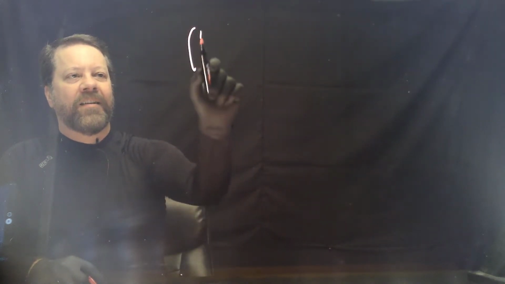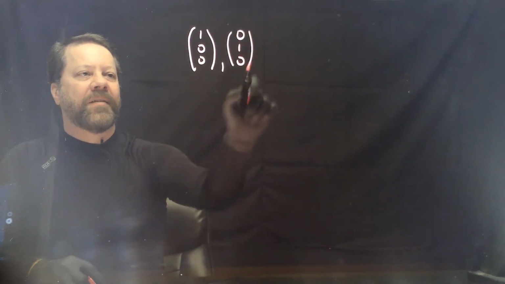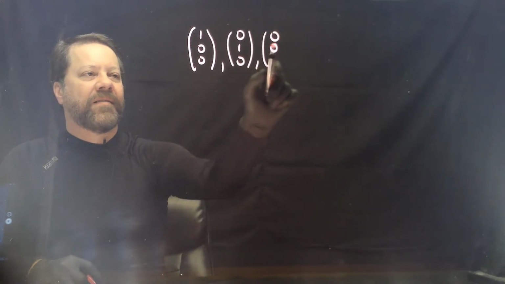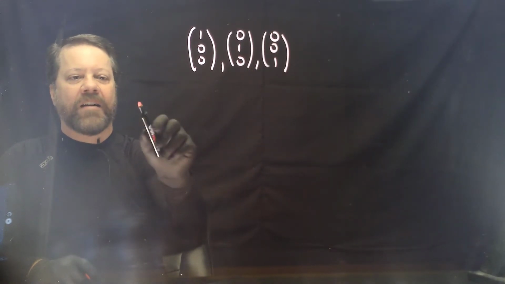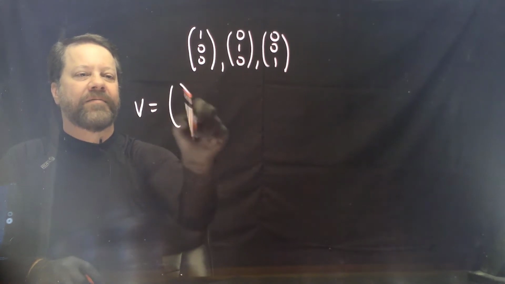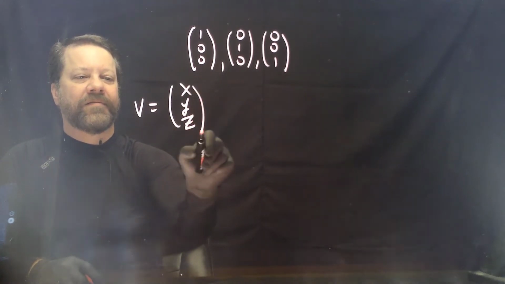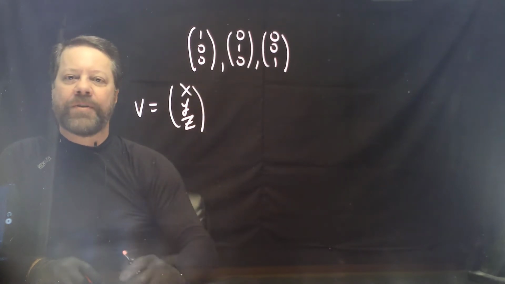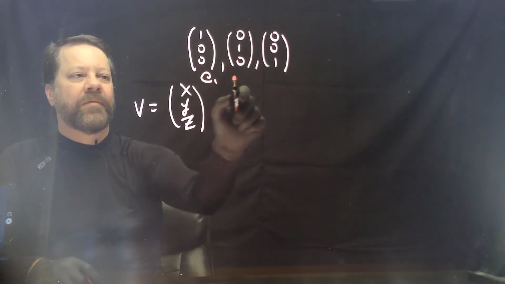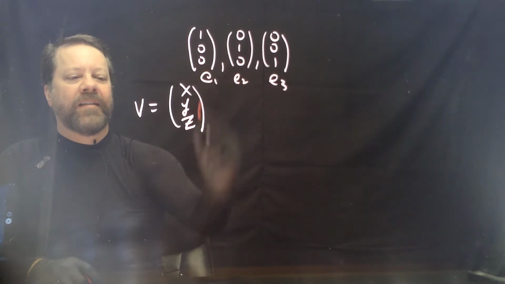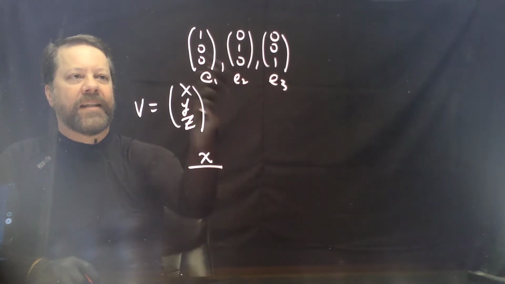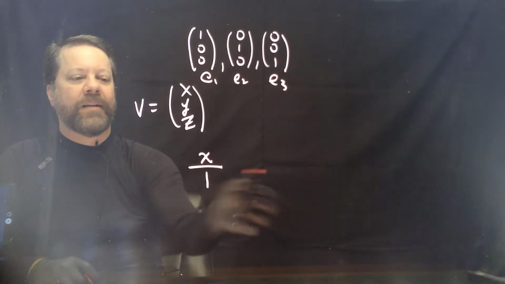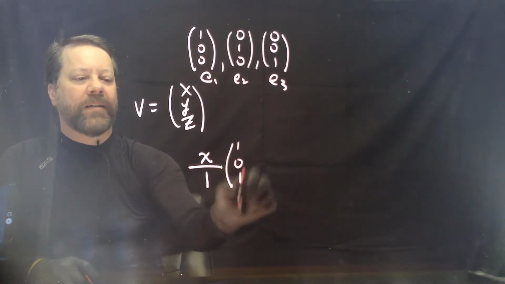As a simple example, we can take the standard ordered basis in R3 and an arbitrary vector v. If we take the dot product of v with this first basis element, E1, then we'll get x. The dot product of E1 with itself is 1, and then we multiply by E1.